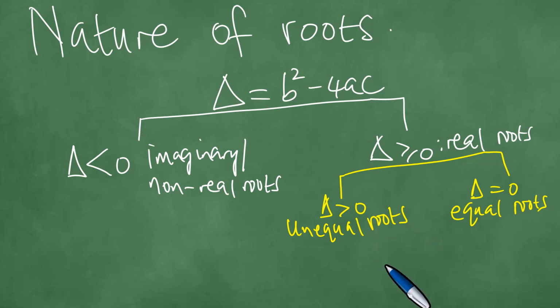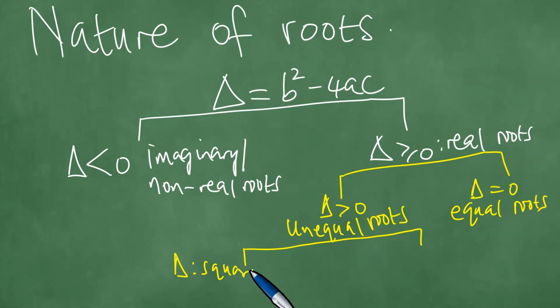Then now, the delta is greater than 0. If the delta is greater than 0, the delta can be squared, or the delta can be not squared.